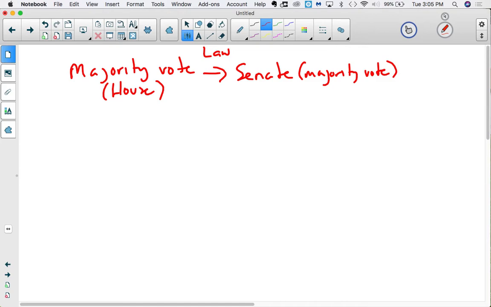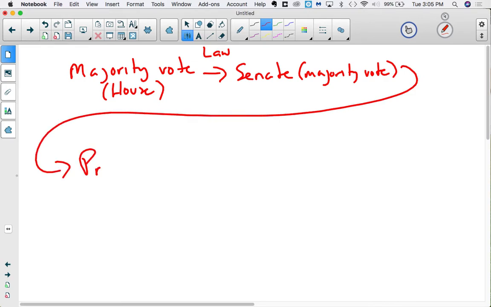In the middle there is what's called committee, where they're negotiating different things, right? If they pass it with a majority vote, it then goes to the president. If the president signs it, it becomes a law, and that's it.